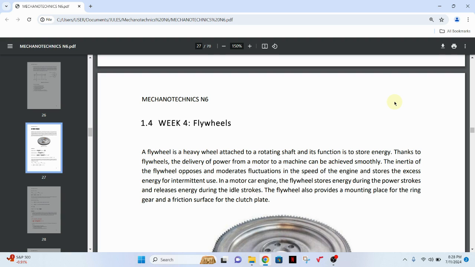Since we're talking about Mechano N6, okay, a flywheel does serve the purpose of somewhat balancing the fluctuations of an engine, okay? Because when an engine is working, the power that it is producing, which you can think of also in terms of the rotation of maybe a shaft that is connected to it, is actually fluctuating, okay?